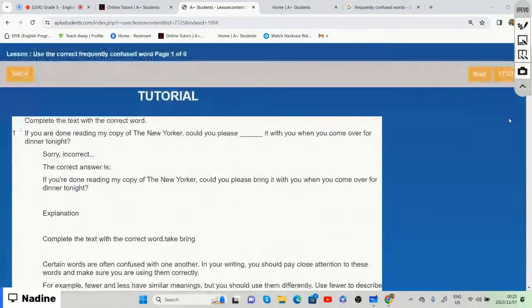So we're going to do a little activity, and thereafter we are going to do a test on how to use the correct frequently confused words.